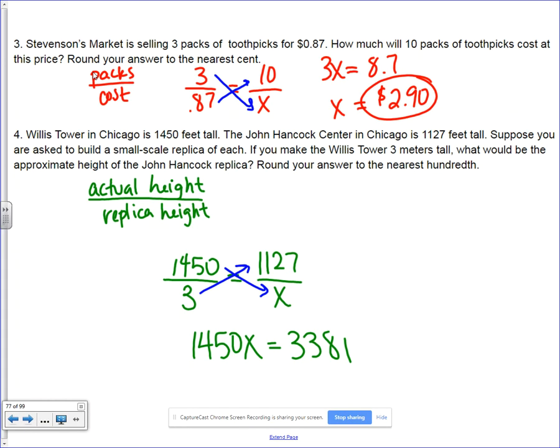All right, why don't you go ahead and try this one on your own? Okay, go ahead and read it. See if you can set up your proportion. Go ahead and pause it right now and see how you do. And then unpause it, and I'll show you the solution.